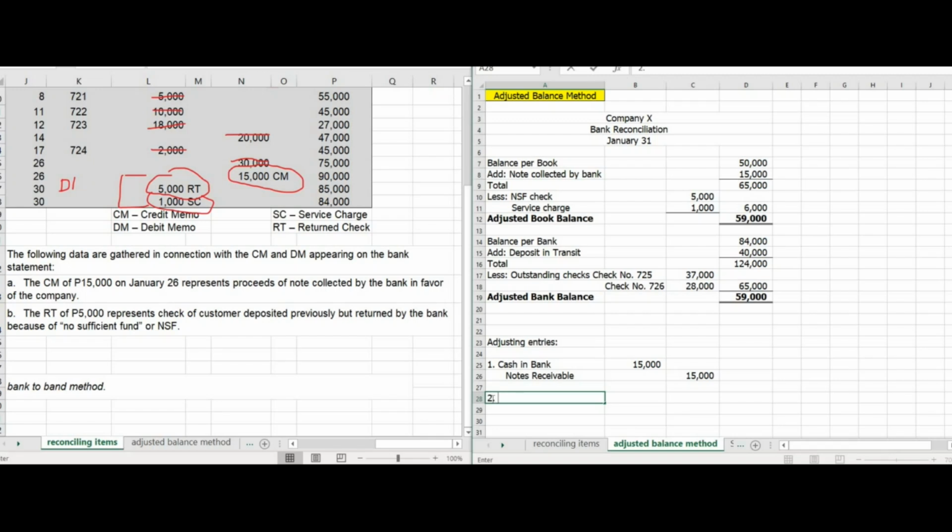Your NSF check entry is, the check was returned. Looking at the additional information, that 5,000 check is a customer's check, but it was returned by the bank. Since it's a customer's check, we will set up again the accounts receivable. And then we credit cash in bank. The amount is 5,000. Okay?